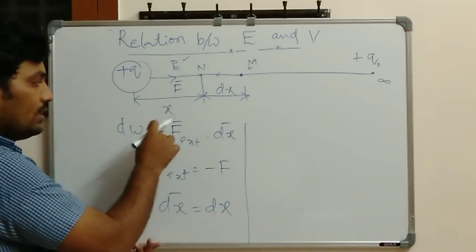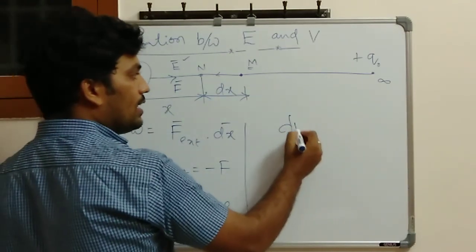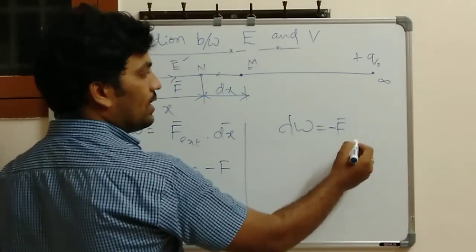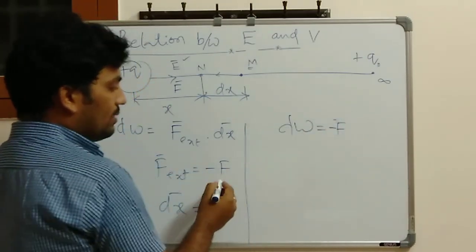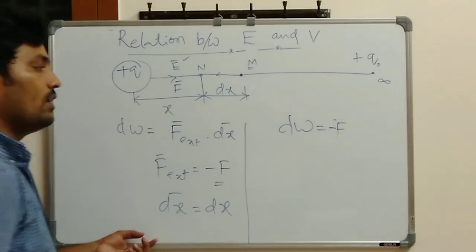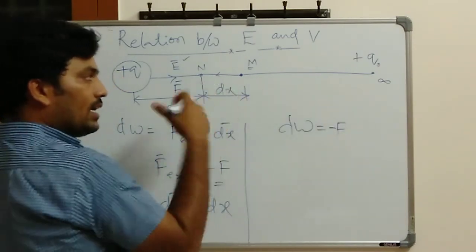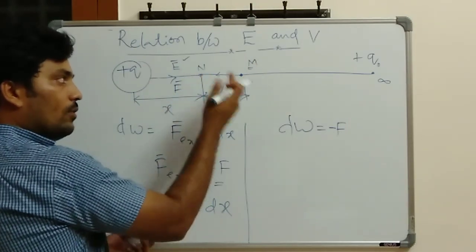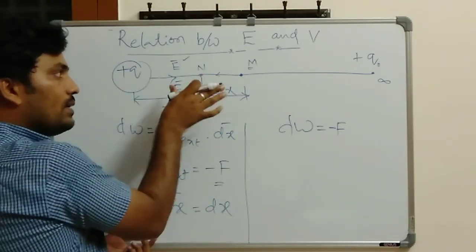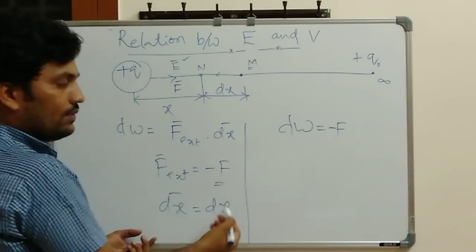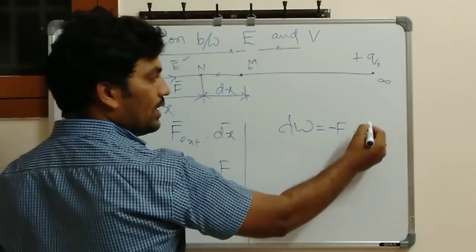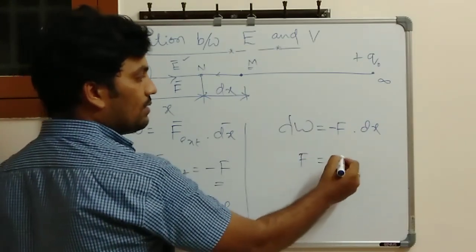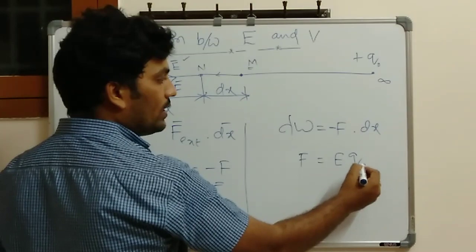If I substitute this in the equation, dW is equal to minus F into dx. Why is it negative? Whenever it is brought, I have to apply a force equal and opposite to the repulsion force. That is why I am taking the negative direction. Minus F into dx. You already know F is nothing but electric field into the point charge Q0.